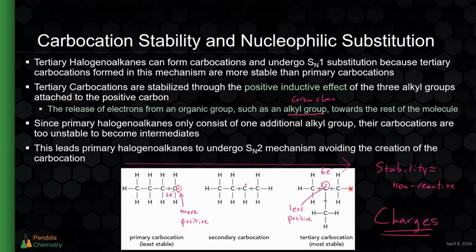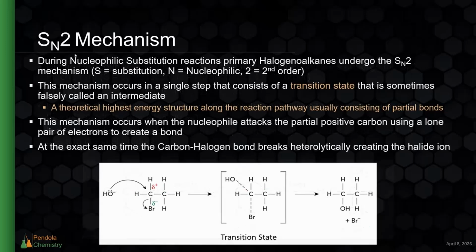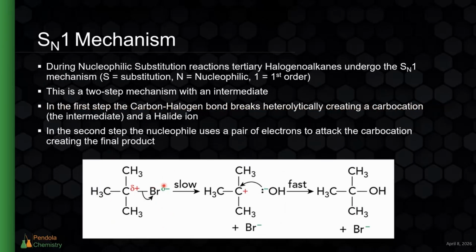Therefore, a tertiary halogenoalkane will create a tertiary carbocation, which is more stable, whereas a primary halogenoalkane can't make a primary carbocation. It's too unstable, and so it will instead opt to undergo SN2 mechanisms. So primary halogenoalkanes undergo SN2 mechanism because they're not going to make a carbocation in that way because primary carbocations are unstable, whereas a tertiary halogenoalkane will opt to undergo SN1 mechanism, which does create a carbocation.